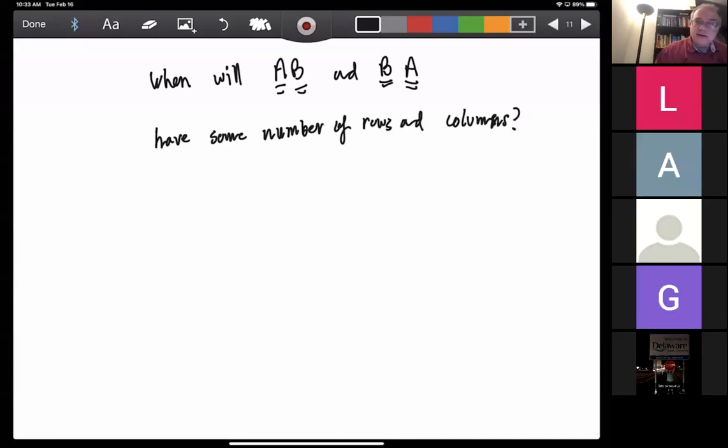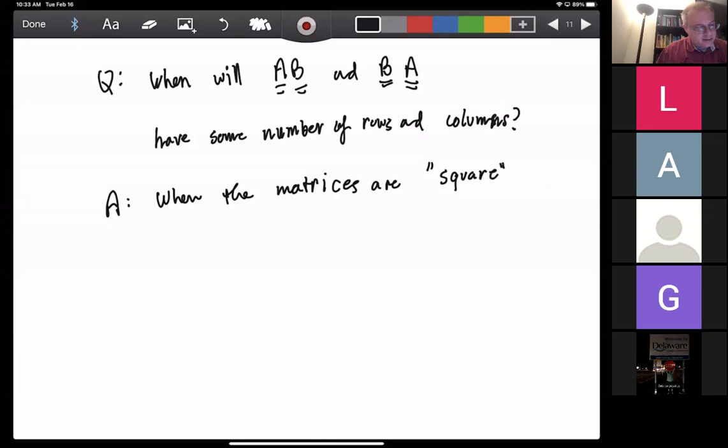When they're squares. Exactly. Good, good, good. And what that means is they have the same number of rows and columns.